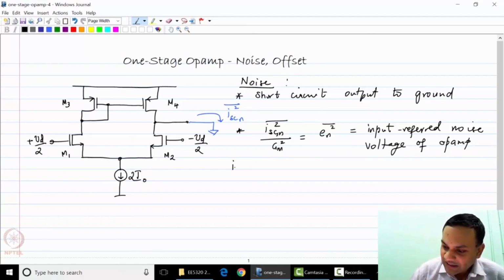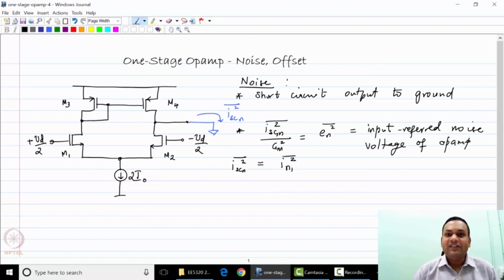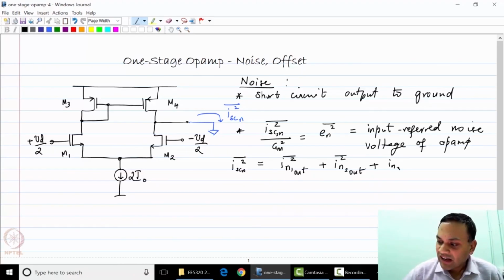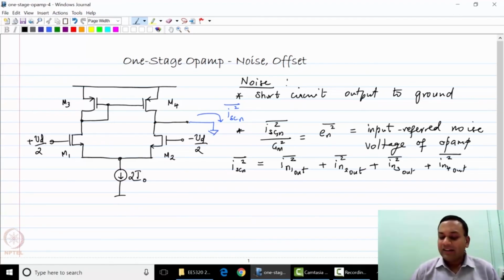So I'm going to say that the total noise is the sum of the individual noise currents at the output, IN1 squared out, IN2 squared out, plus IN3 squared out, plus IN4 squared out, where each of these terms is the contribution of the corresponding transistor.